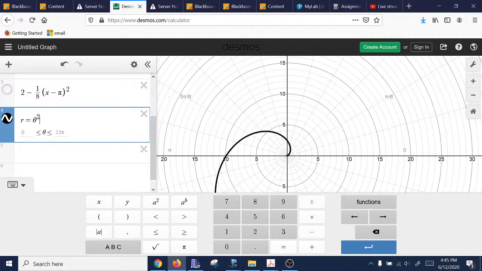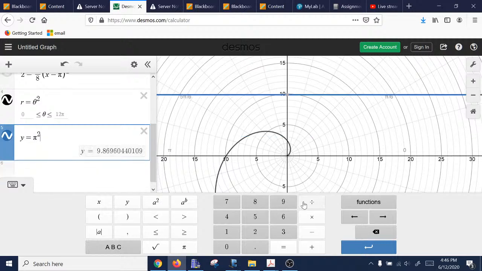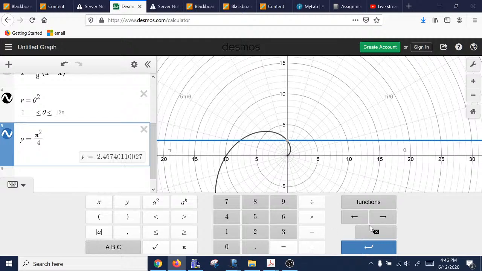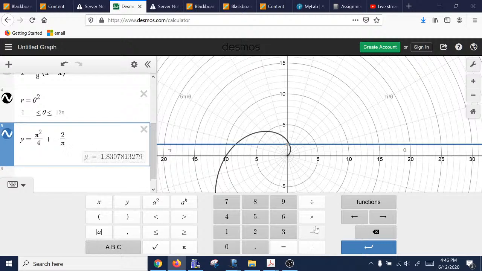We're only looking at the positive ones, that's fine. I just said that the tangent line should be y equals pi squared over 4. Okay, that's the right y value. That's a good sign. Plus our slope was negative 2 over pi. x minus 0 is just x.